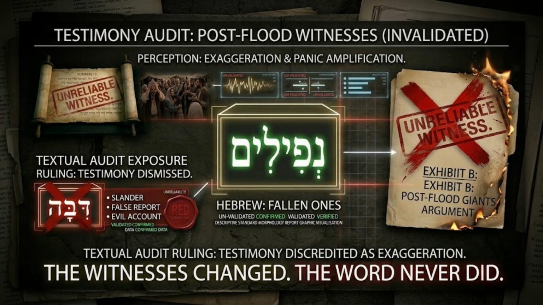Now, what happens to the Nephilim argument if its only post-flood textual evidence comes from witnesses the biblical court already discredited? The giant's reading lost its strongest corroborating exhibit, and the word itself, the Hebrew word Nephilim, has never moved. It still says fallen ones. It said it in Genesis 6. It said it in Numbers 13. The witnesses changed. The word never did.